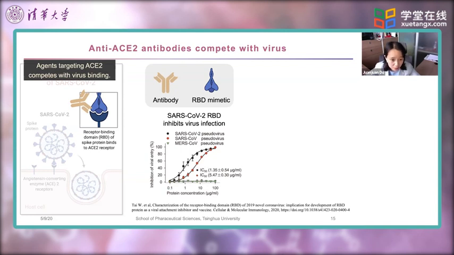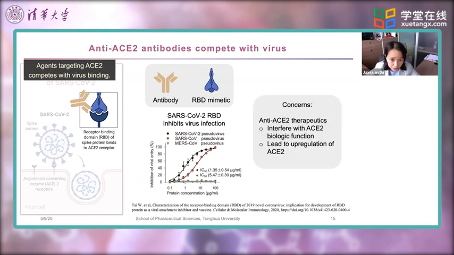However, this strategy has some concerns, because anti-ACE2 therapeutics are shown to possibly interfere with the biological function of ACE2, or may lead to upregulation of ACE2, which may not be a good thing. So when we're developing this kind of therapeutics, we have to keep these concerns in mind. All right.